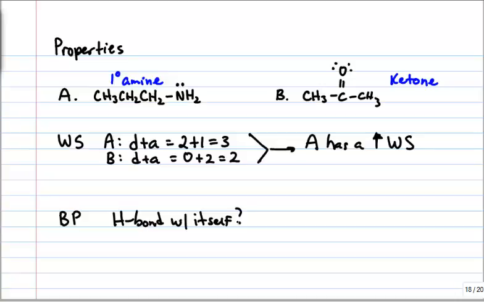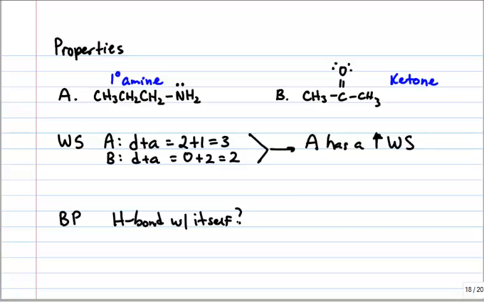Now, if a molecule can hydrogen bond with itself, that is, if you give two of those molecules, they can form a hydrogen bond, then that means that a bunch of molecules just like that can also form hydrogen bonds with each other. It tends to raise the boiling point.